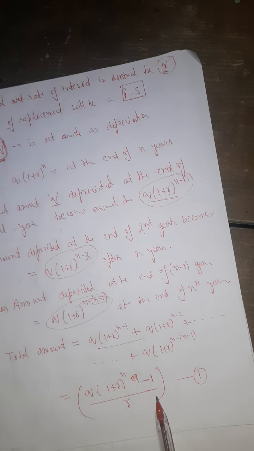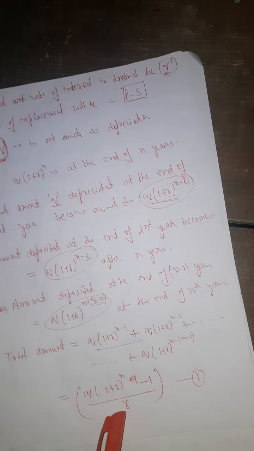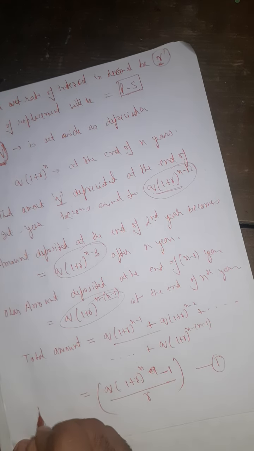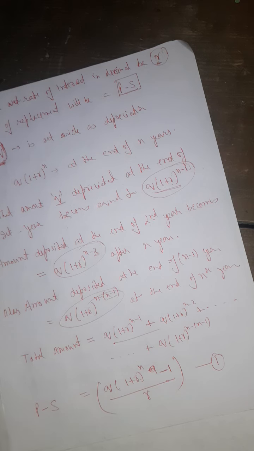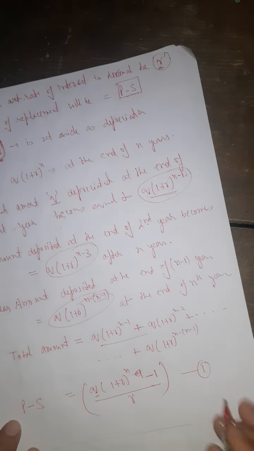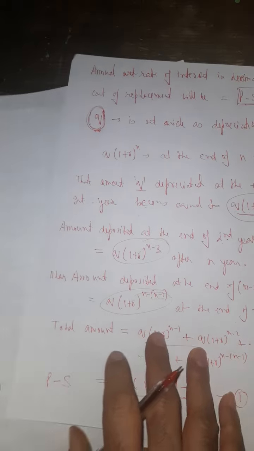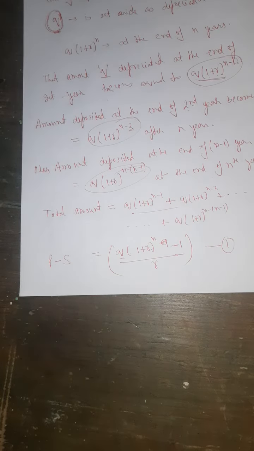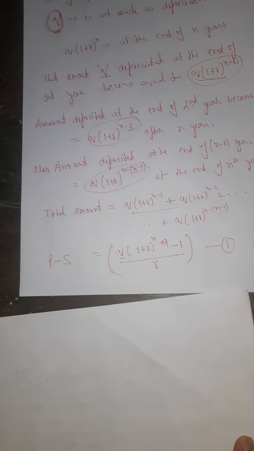This is the total amount accumulated at the end of the nth year, and this amount must become equal to the cost of replacement of the equipment, which is nothing but P minus S. So can you calculate Q from this? If you solve this equation, I'm not going to solve it in steps, I'm directly going to write down the answer.